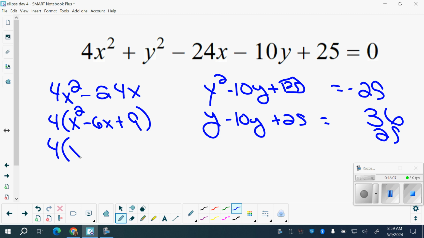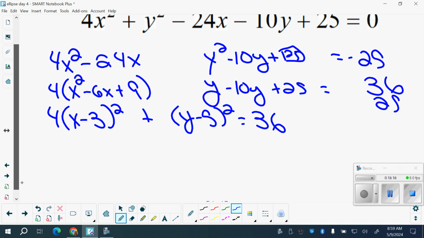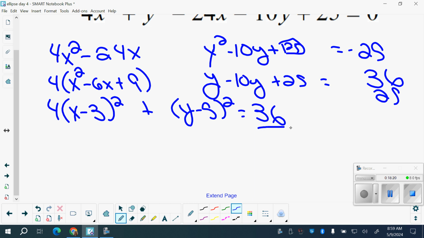4 on the outside, (x minus 3) squared plus (y minus 5) squared equals 36. I'm almost done. I'm coming into the finish line. Divide by 36, divide by 36, divide by 36. Yay! Nice baby canceling.